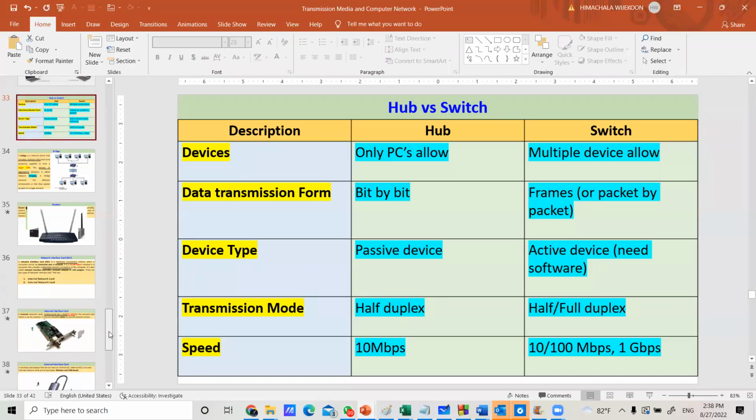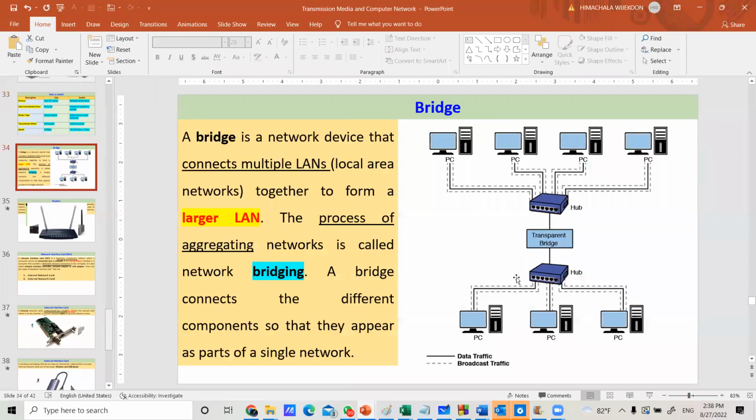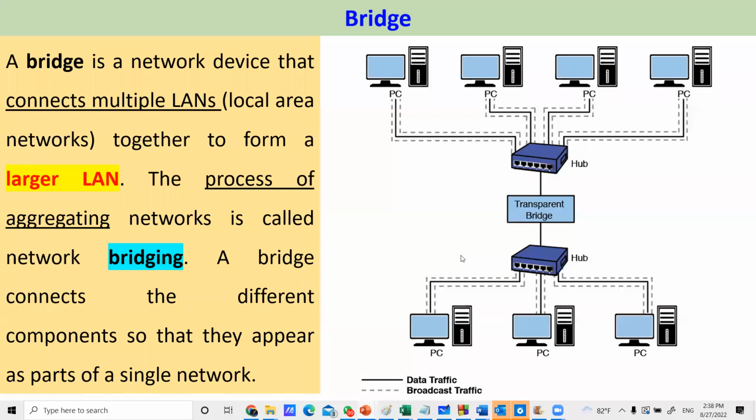Right, then get the note here. First try to understand what is bridge. Bridge is another important device normally found in networks. They are using bridge to connect LANs.